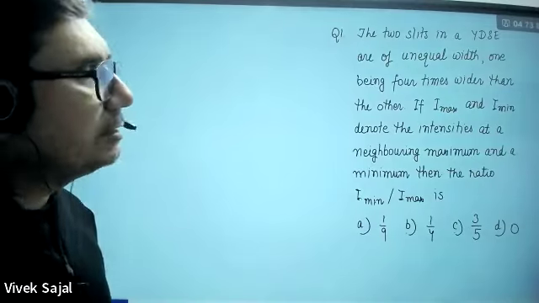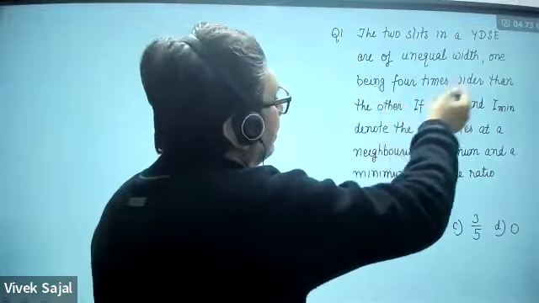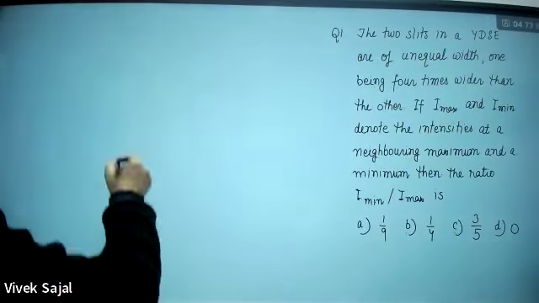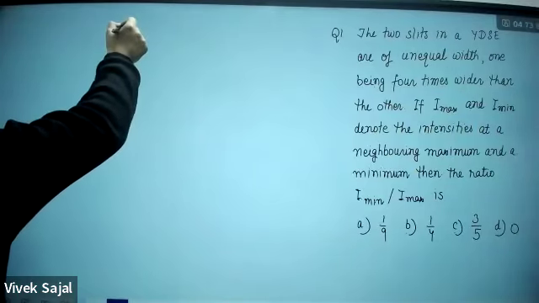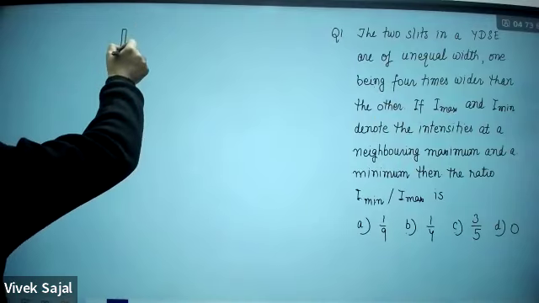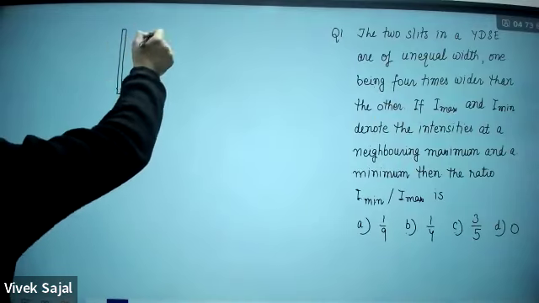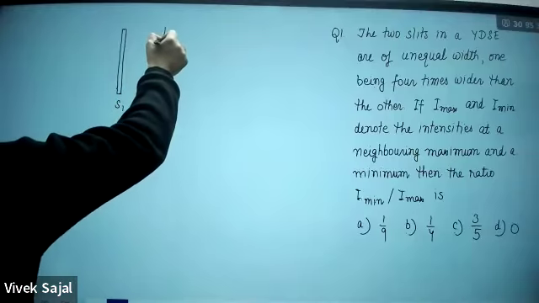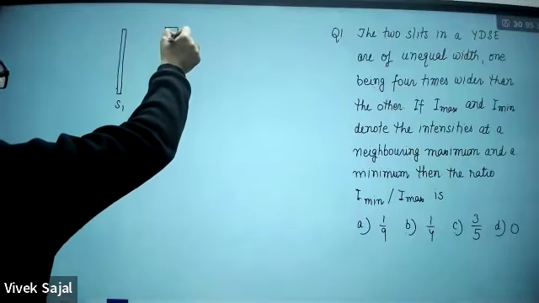There are two slits, their widths are different, one being 4 times wider than the other. Suppose this is slit S1, and the second slit is wider, 4 times wider, like this.